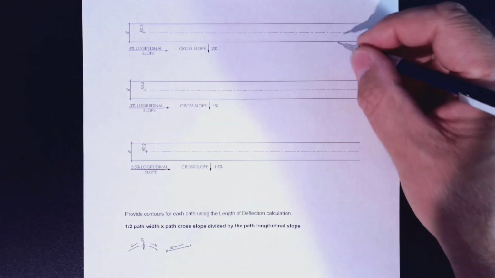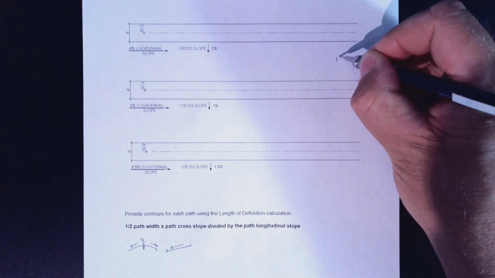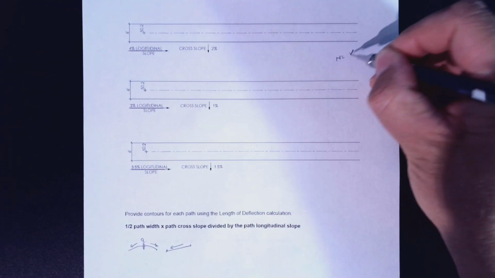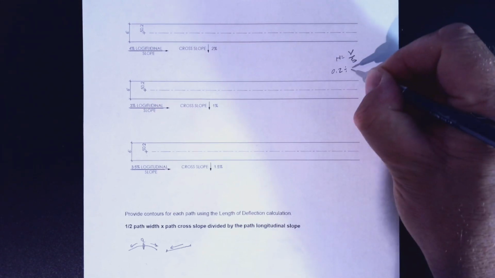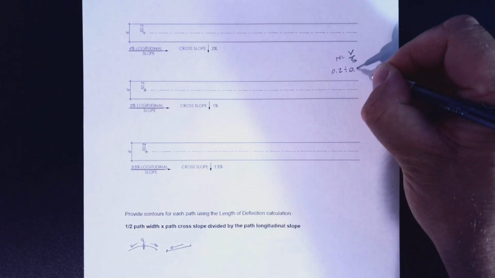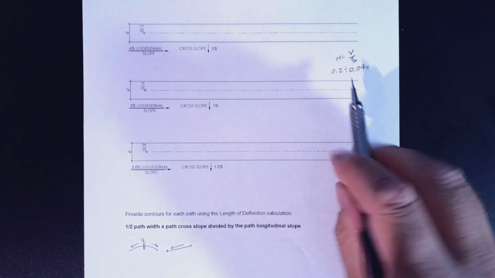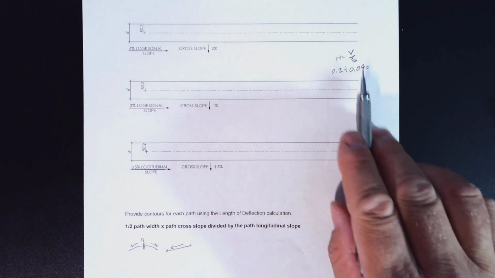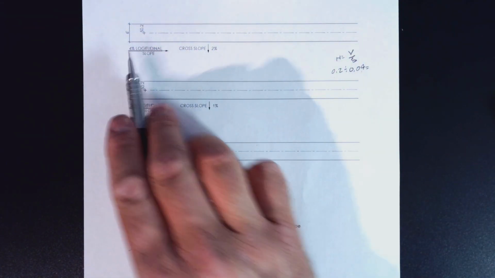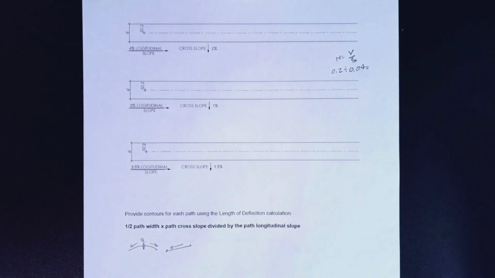So horizontal equals vertical divided by slope, and the vertical is 0.2, the distance from 50.2 down to 50, and we divide that by the longitudinal slope, 0.04. 0.2 divided by 0.04 equals 5 feet.